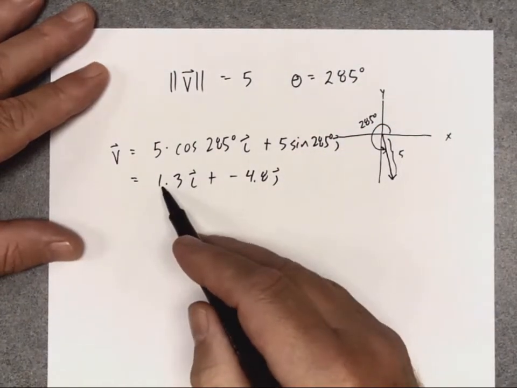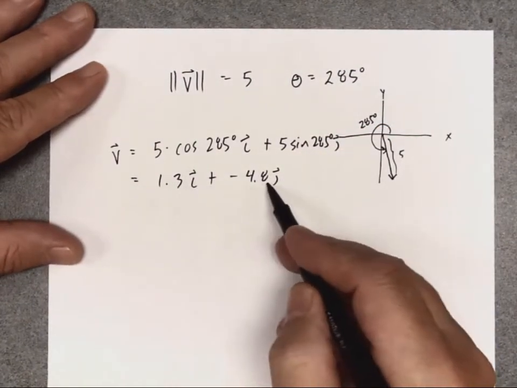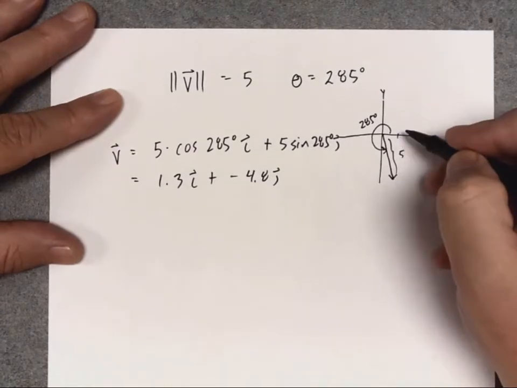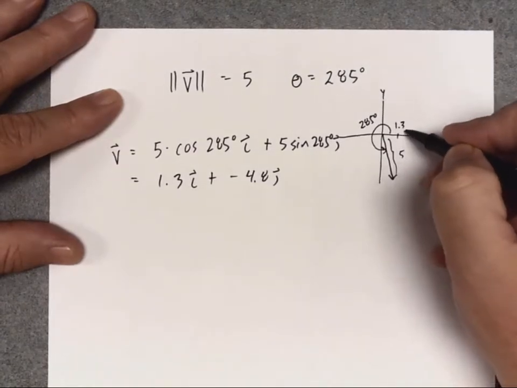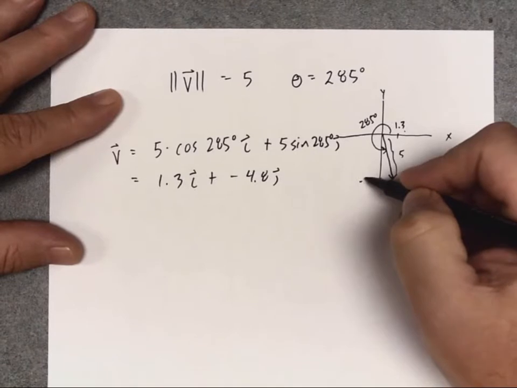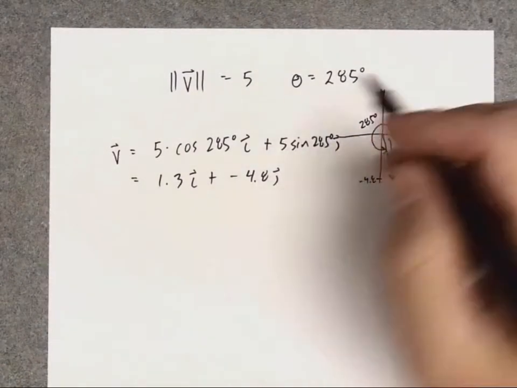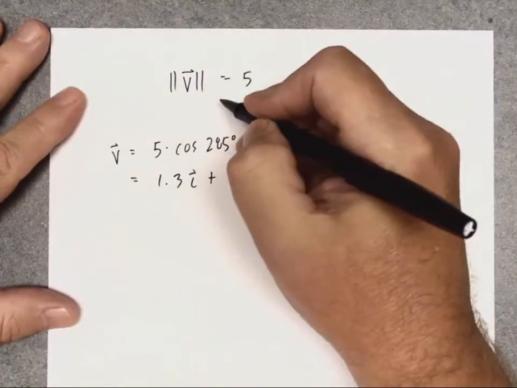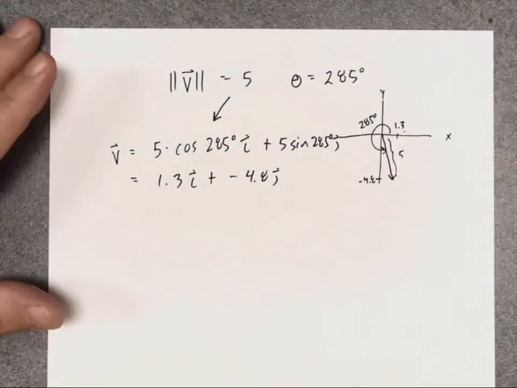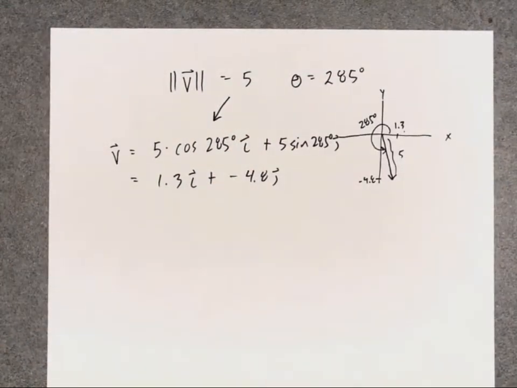Does this look reasonable? 1.3 here, negative 4.8 here. Yep, looks reasonable. So the nice thing is when you're going from direction and magnitude into ij, you can just follow the formula and you don't have to take any special precautions.